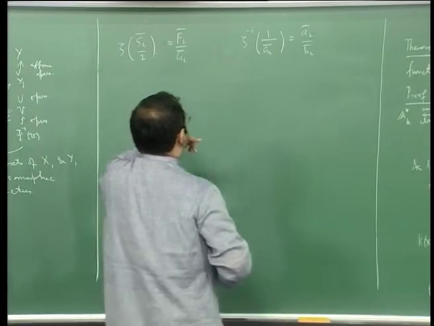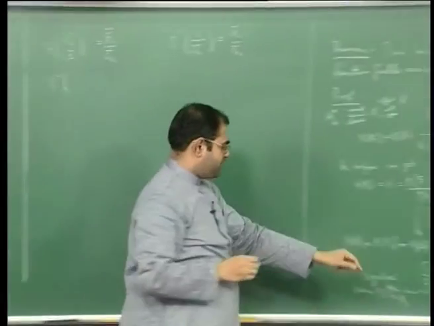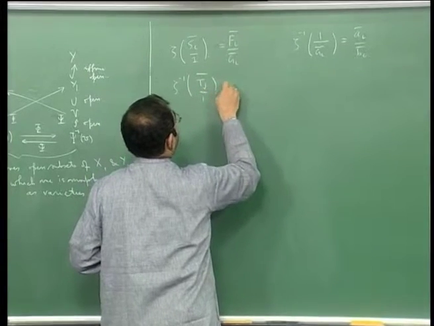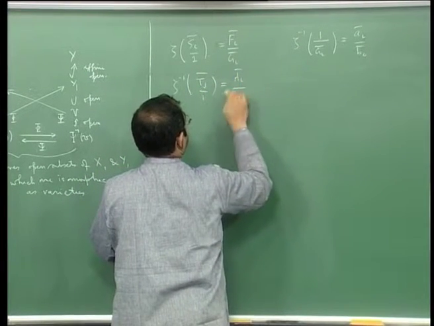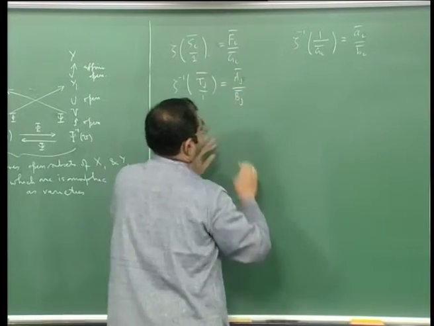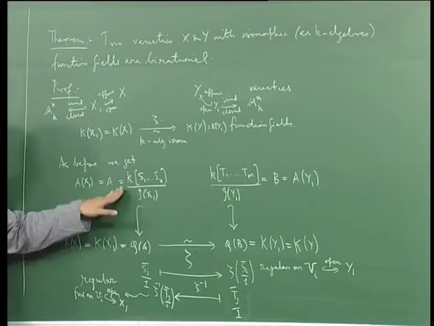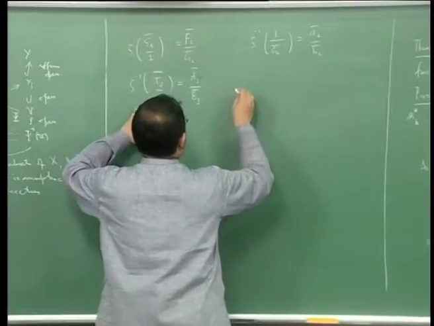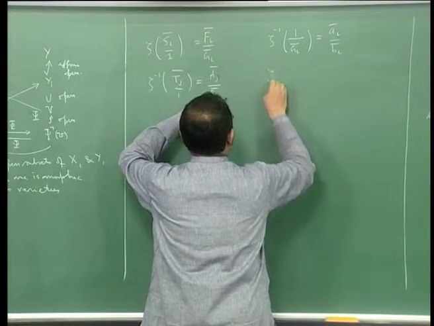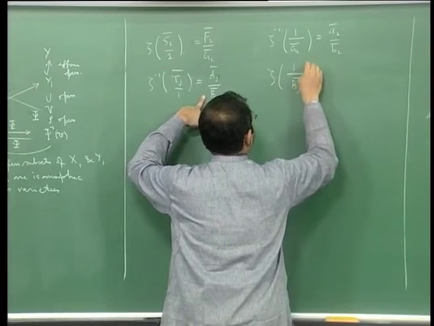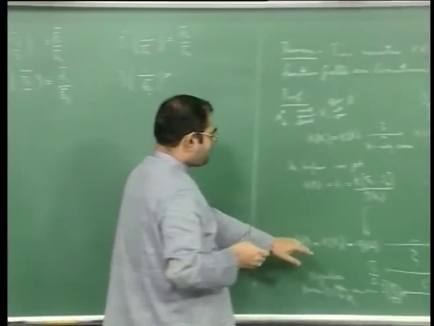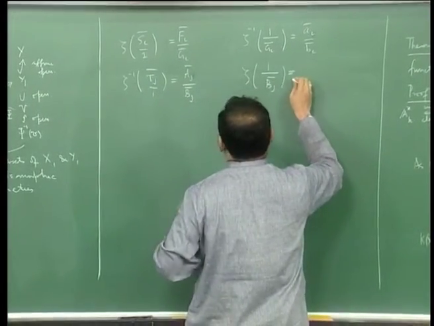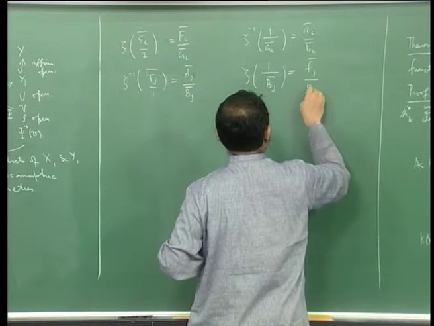And if I apply zeta inverse to Tj bar by 1, I will end up with some Aj bar by Bj bar, where capital Aj and capital Bj are polynomials in the S's. And if I apply zeta to 1 by Bj bar, that is going to go to some small Fj bar by small Gj bar.